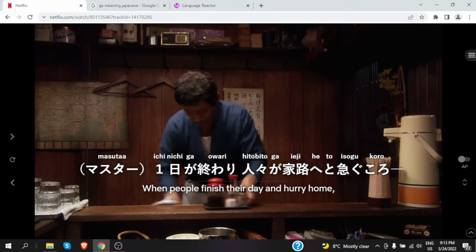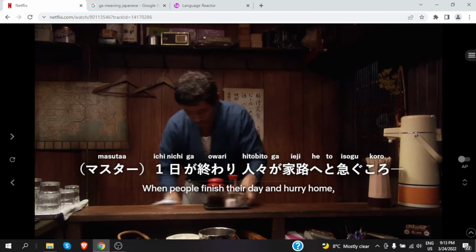So, ichi nichi ga owari. Okay, owari is the end. Ichi nichi is one day. Ga. Ichi nichi ga owari. Hitobito ga.